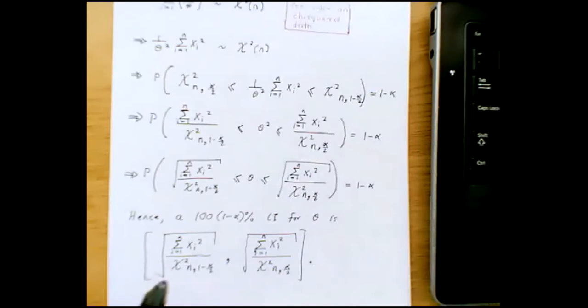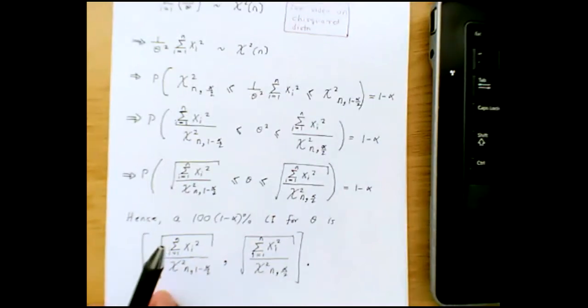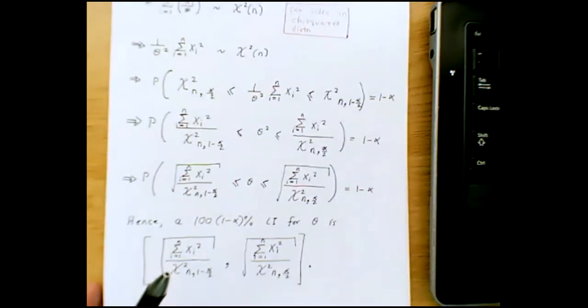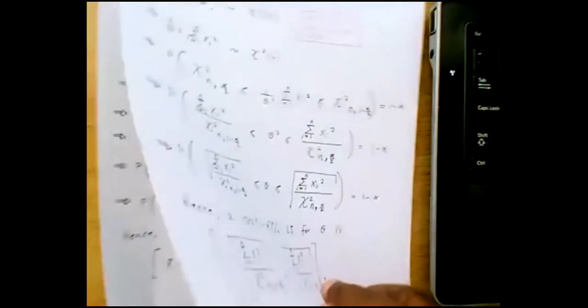Why do we use chi-squared in Q2 instead of following the same process in Q1? Well, if you use the same process in Q1, John, you will not get a confidence interval.